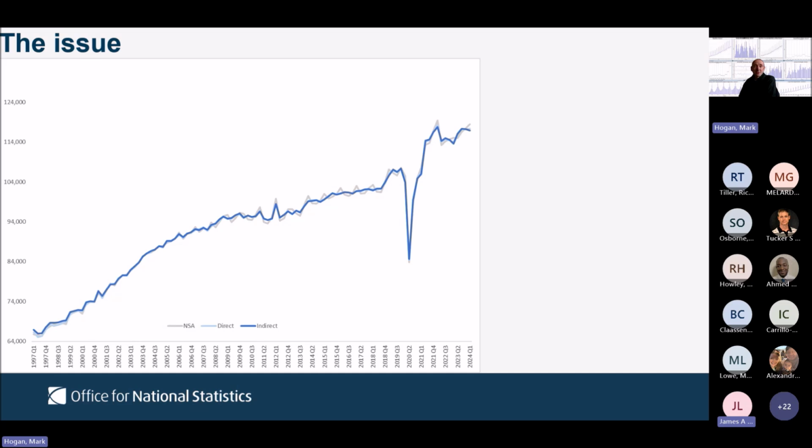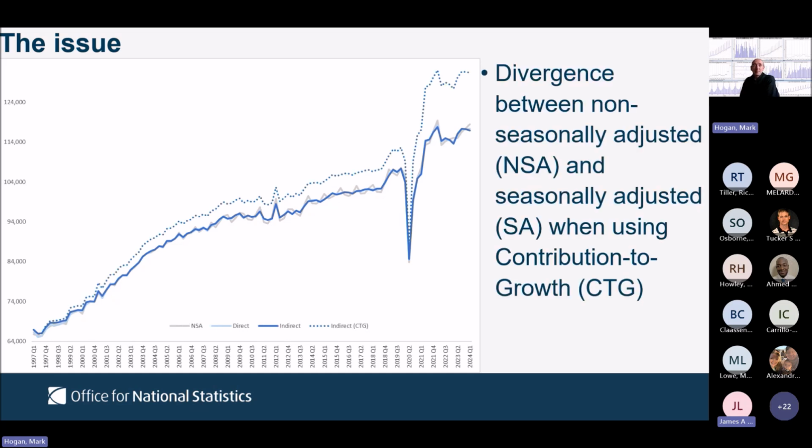There was no concern in terms of revisions or residual seasonality, and so I recommended they use the indirect method. I was surprised, therefore, when the business area said they were concerned about a divergence they noticed once they'd processed the time series. So I asked for their results, and I was quite surprised when they gave me this series, which shows a persistent and growing divergence between their indirectly adjusted series and mine.